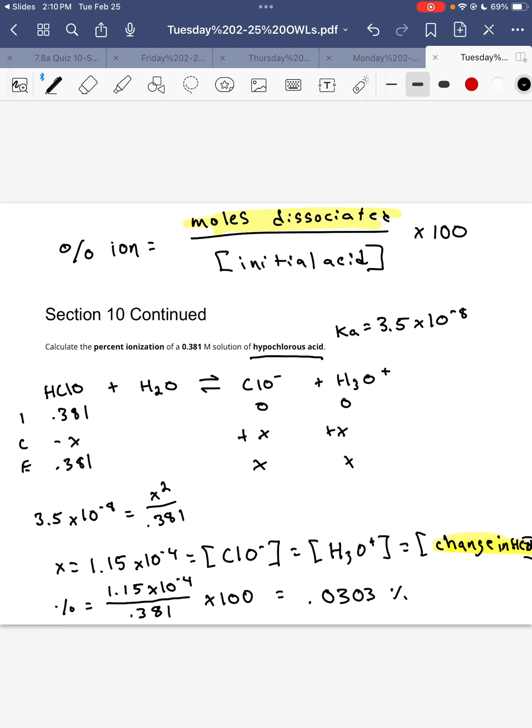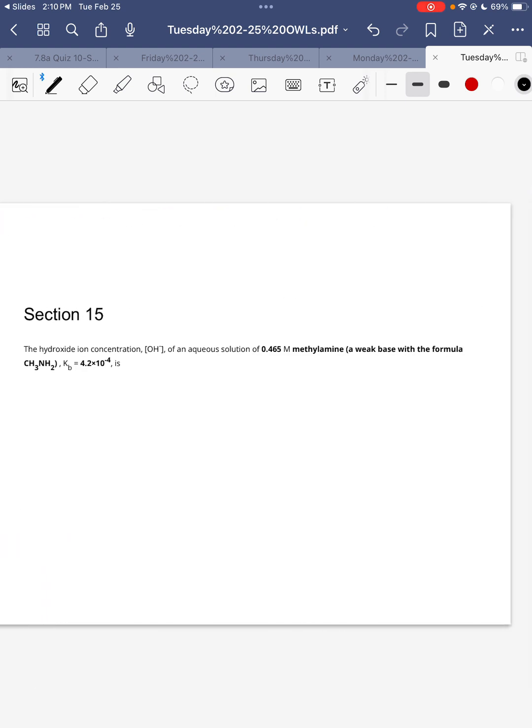Moving on from section 10, we'll do one from section 15 where we're calculating pH or pOH or OH minus, whatever. In this case, the hydroxide ion concentration of a weak base. So we have our weak base, methylamine, which has the formula CH3NH2.